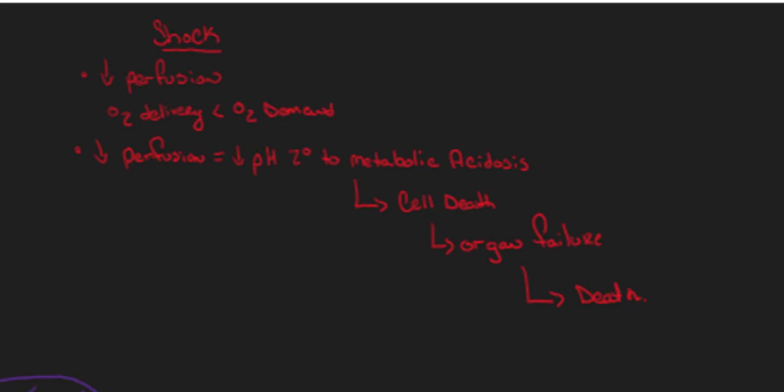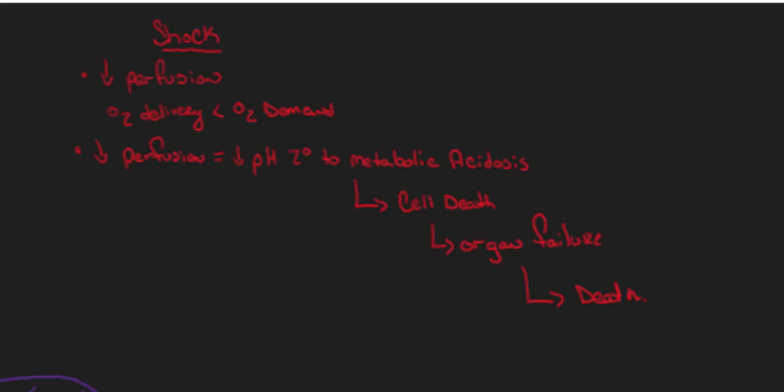So we actually are on the high side of neutral, so that puts us in an alkalotic state. Well, during shock, due to that decreased perfusion, decreased oxygen, that buildup of lactic acid, cellular death, and that protein release and all that, we start dropping our pH. Now that will cause cell death, which can lead to organ failure, and then ultimately lead to death.